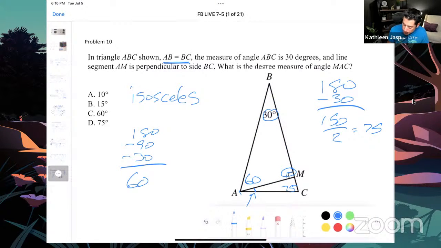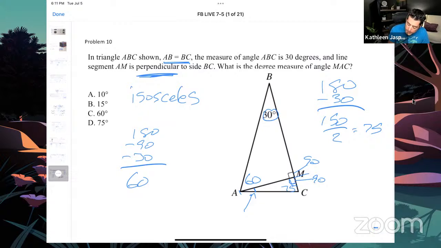So when I go to this one, I know it's small and it might be hard to see, but if this is a right angle and they told me that this is perpendicular, perpendicular means intersects at a 90-degree angle. Well, then I carry this over here like so. So this is 90 degrees and this is 90 degrees. If I ever have 2 out of 3 angles in a triangle, I can always find the third.